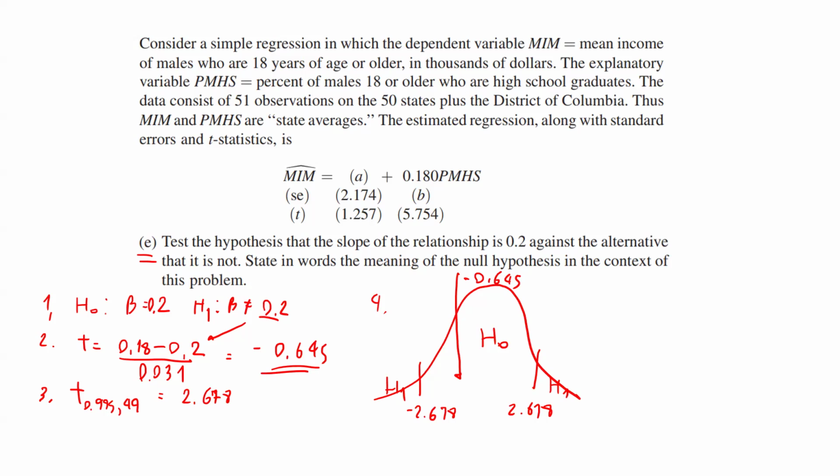Which means you do not reject H0. So you can answer that the slope equals 0.2.